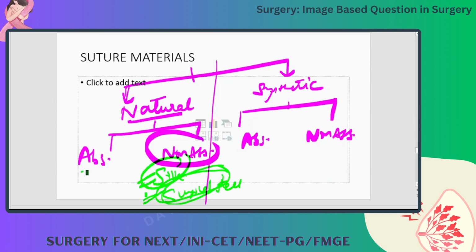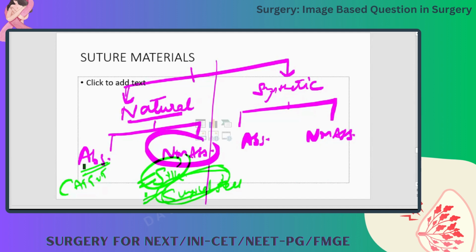Whereas absorbable material, natural absorbable, can anybody tell me one? Plain catgut. Very good. Catgut. So what is this catgut made up of? Intestine of cat? Sheep's intestine. Yeah, it is the intestine of sheep. Okay, it is a misnomer, but it is the intestine of sheep.